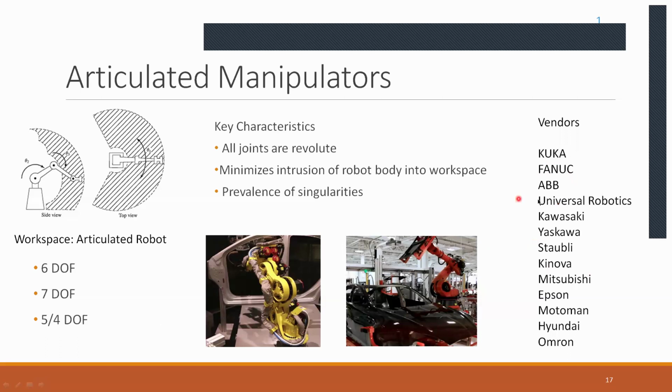And the Universal Robots brand stands out from the remaining ones because they have a feature called backdrivability, and due to that feature, we call them cobots or collaborative robots. Essentially, having that particular feature makes it safe to be used alongside humans.